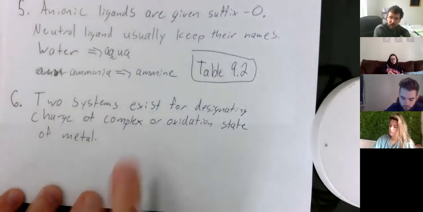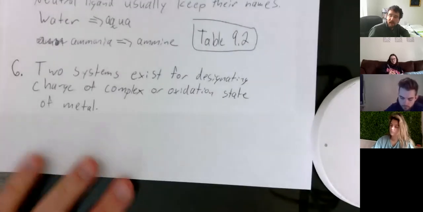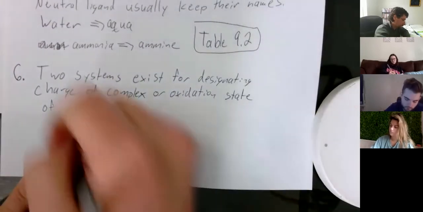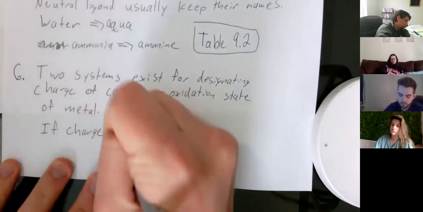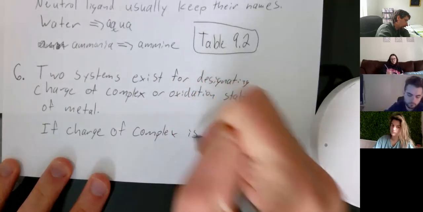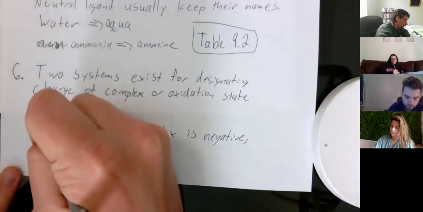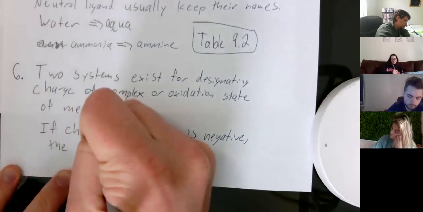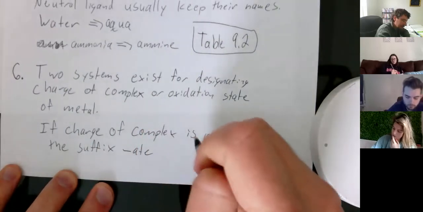We'll talk about those 2 systems in a second, but additionally, if the charge is negative, you add ate to the end. So if charge of complex is negative, the suffix ate is added to the name.